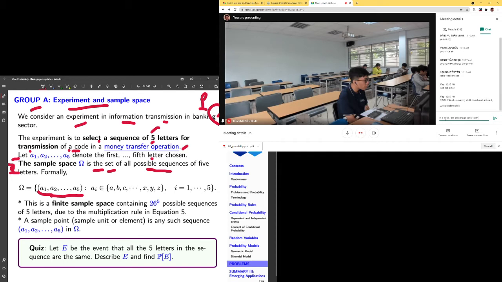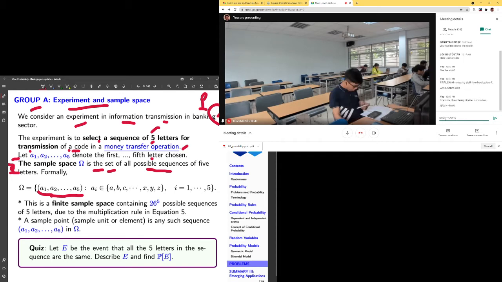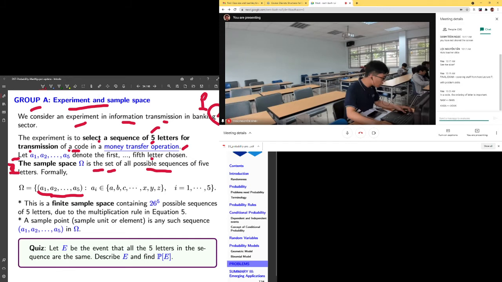So the second example is like that. Hua is meaningful, but the second one is not meaningful, you see. So therefore, you have to consider the ordering here inside the brackets, where each Ai can be selected from the total number of English characters from A, B, C up to Z.